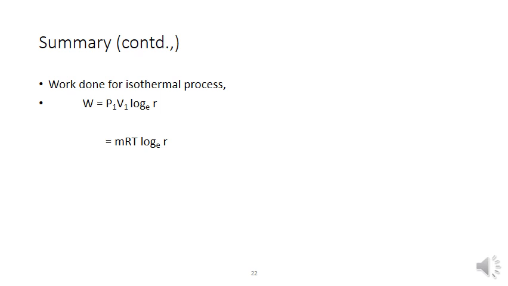In case of the expansion ratio, r is equal to V2 by V1. For the compression, the work done is P1 V1 log V1 by V2, or mRT log P2 by P1.